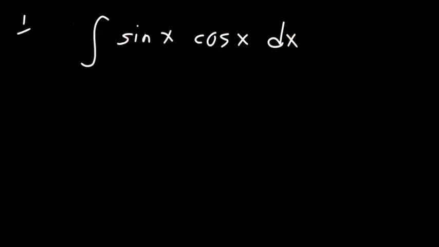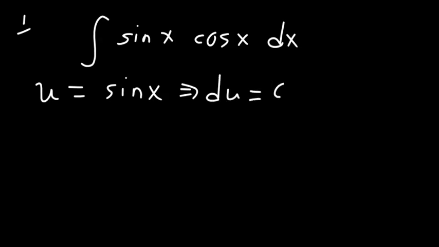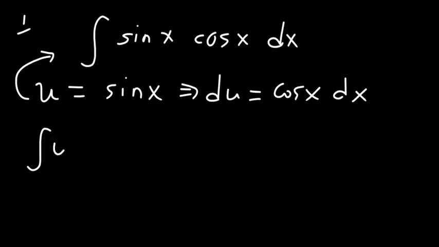As an example, let's look at the following integral. Now we know how to solve this. Let's assume that we substitute sin x for u. That means the differential of u is cos x dx. Now when we substitute this information inside the integral, that integral will simply become u du, which is just half u squared plus an integration constant.